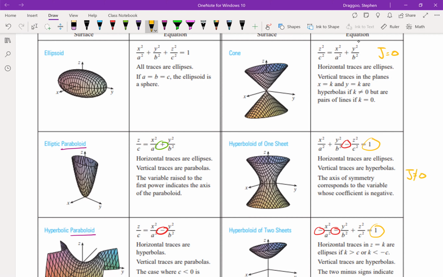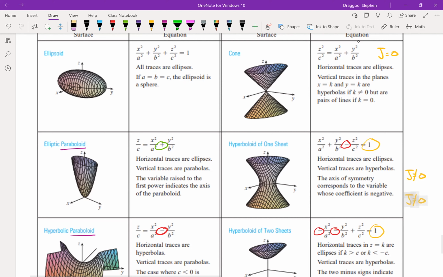In this case, I fixed it so that it's 1 for simplicity's sake. So j is non-zero, our constant term, for both types of hyperboloids. And then comparing an ellipsoid with either a cone or a hyperboloid: for ellipsoids, all 3 square terms are positive, whereas in cones and hyperboloids, we have at least 1 negative square term if we collect all our square terms on one side.